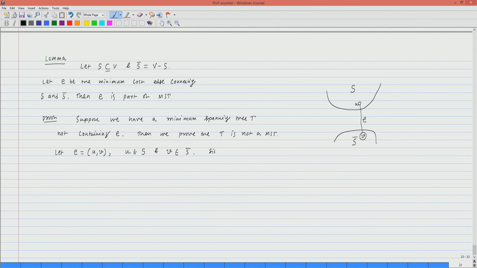Now, since T is a spanning tree, let me draw a spanning tree, just to explain.